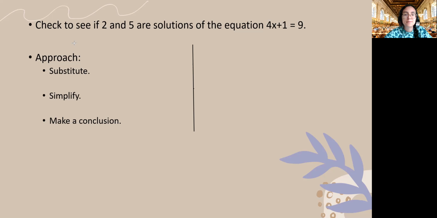So we're going to substitute x is equal to 2 on this side and x is equal to 5 on this side. My equation is 4x plus 1 equal to 9. I'm going to put 2 here, and I'm going to do the same thing over here, but with 5.